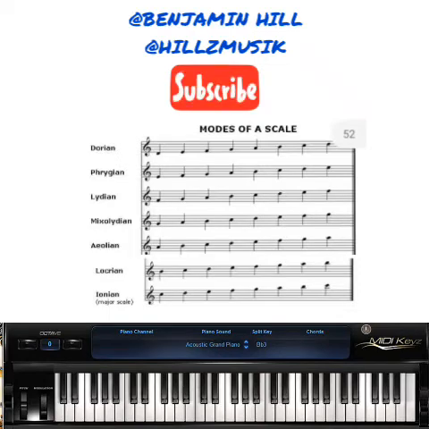Let me mention the modes so you can write them down. We have the Ionian mode. We have the Dorian mode. We have the Phrygian mode.